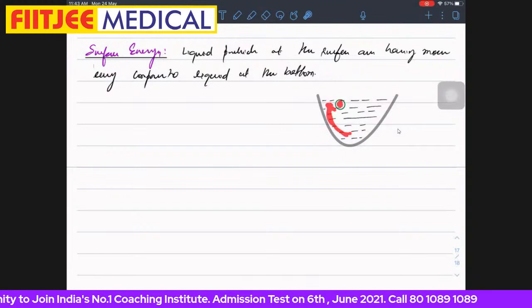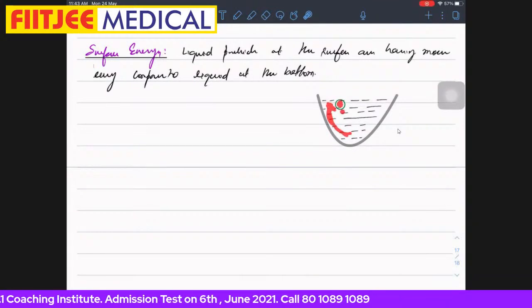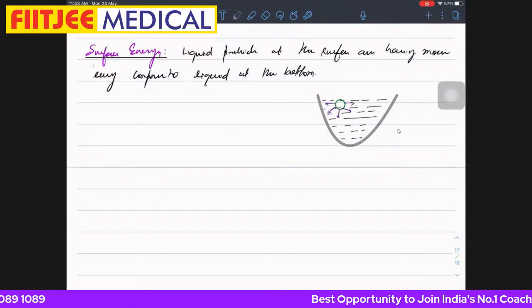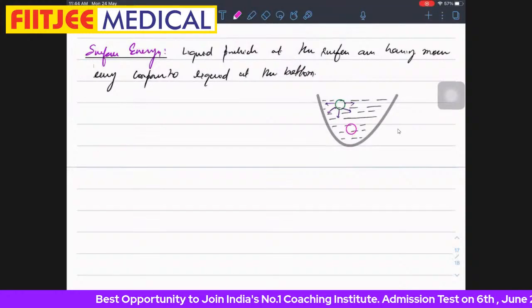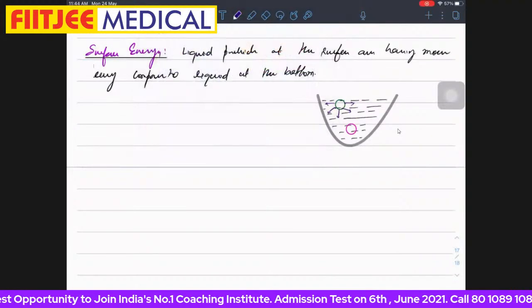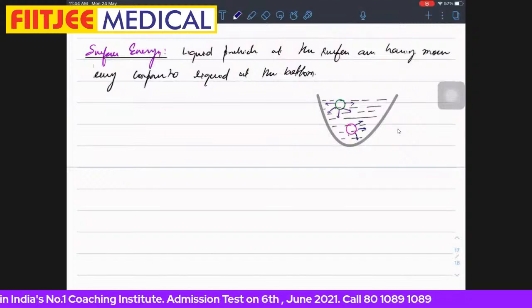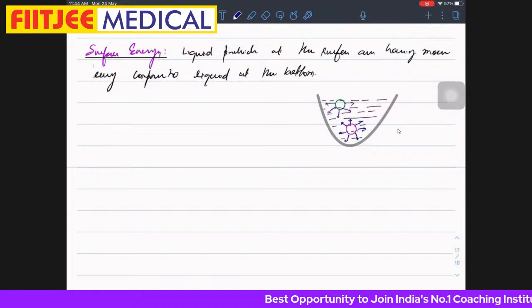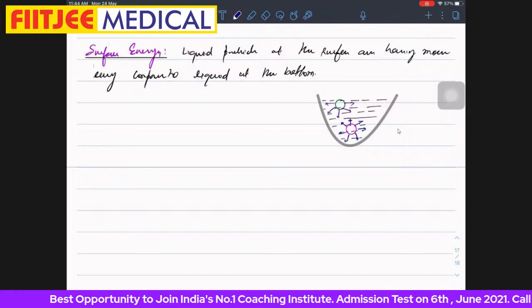When it goes up, some work is done on this liquid, because the forces here will be in this manner. If I take a droplet at the bottom, the process will be the same. When a liquid goes up, it has to do work against gravity, against surface tension, and the cohesion force. Because of that, the liquid droplets on the surface will have more energy. This leads to surface energy.